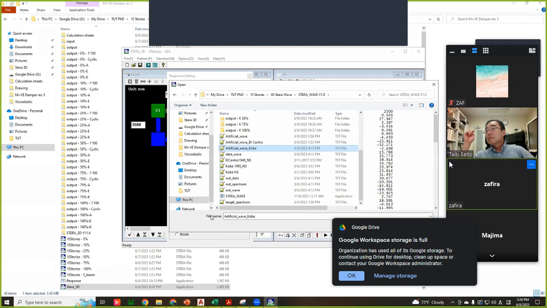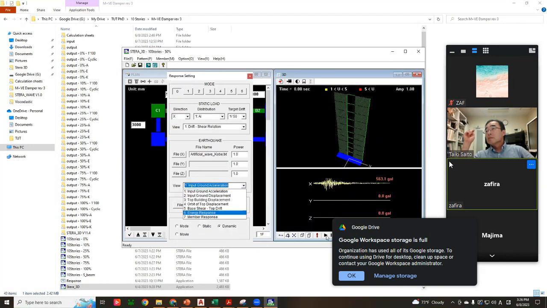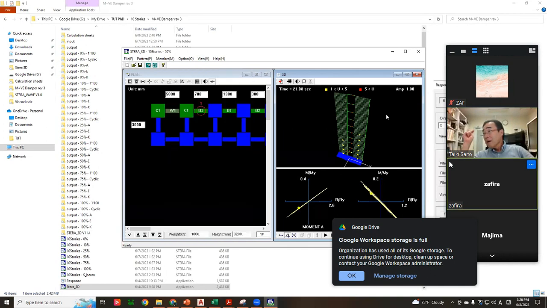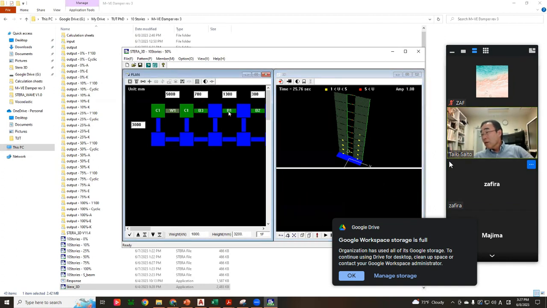And then this one is supposed to be viscoelastic. Oh, sorry, Sensei. This is the support beam. Support means? Sorry. This one, B1, is this one.